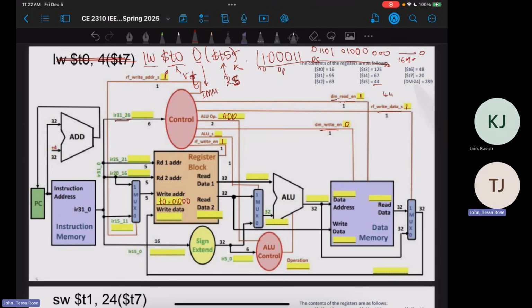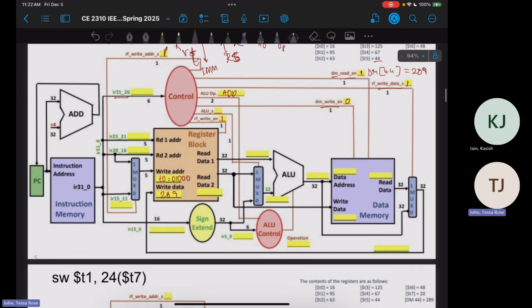Right? And this is actually wrong. It should be 44. So the data memory at 44, we have 289, right? So we just write that here, 289. And we don't have any other data read, so we just put NA.